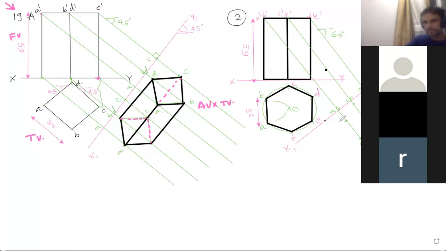So this is A, B, C, D, E, F. Got it? This is how you will get a hexagon. Got it?